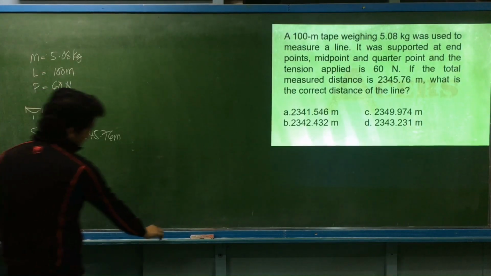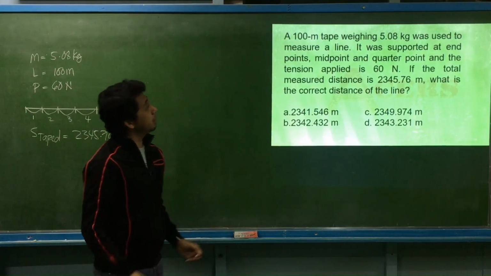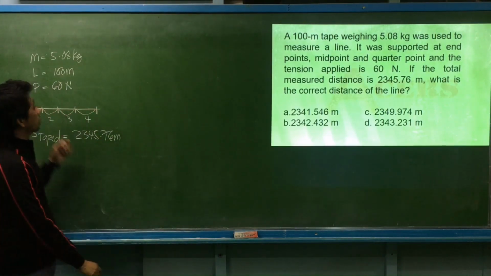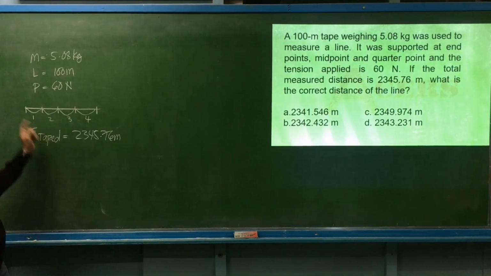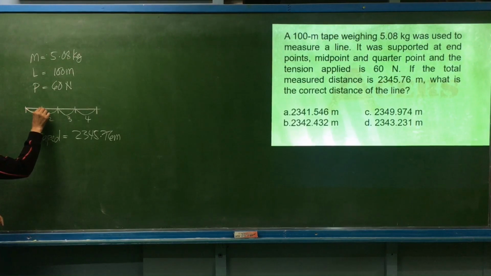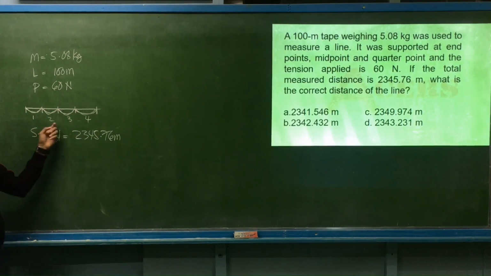Okay, so next example is on tape correction. So a 100 meter tape weighing, pero mass yung binigay, 5.08 kilograms, was used to measure a line. It was supported at endpoints, midpoint, then quarter point. So basically, kung bibilangin natin yon, magkakaroon tayo dito ng 4 subs.